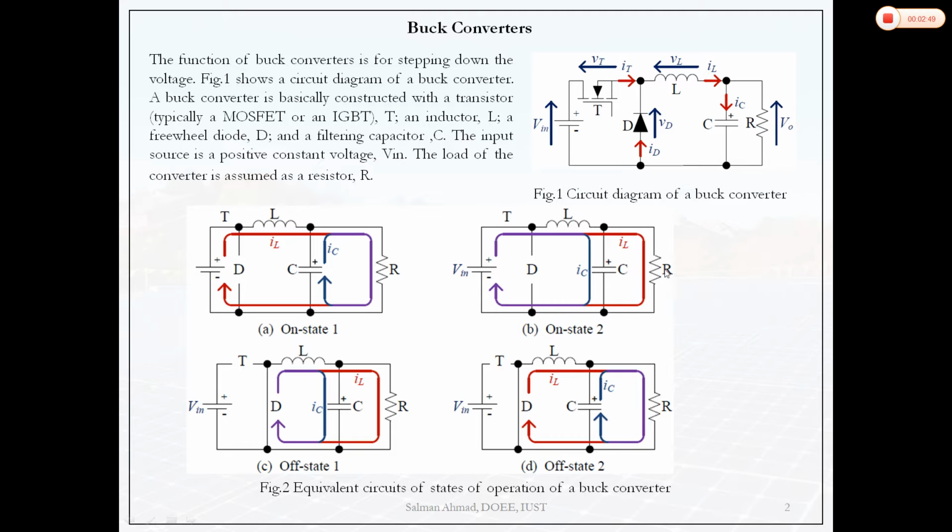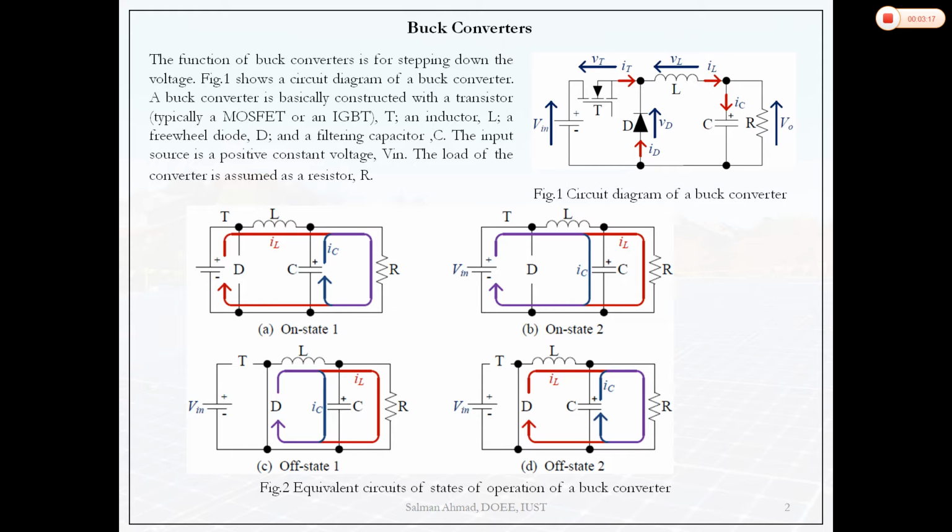Basically we are having two on states and two off states. In on state 1, the input side will charge this inductor, so the current through this inductor will rise linearly. At the same time it is charging this capacitor, and it is also supplying the load. In on state 2, this capacitor has gotten enough charge.